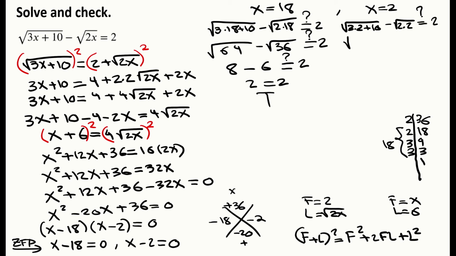So here we have the square root of 6 plus 10, which is 16, minus the square root of 2 times 2, which is 4. We're trying to see if that difference is 2. Square root of 16 is of course 4, and the square root of 4 is 2. And we want to know if 4 minus 2 is 2, and of course 4 minus 2 is 2, so we get 2 equals 2. So that made it true as well. So 2 also satisfies the original equation and therefore is a solution.